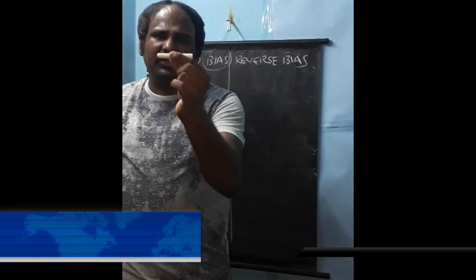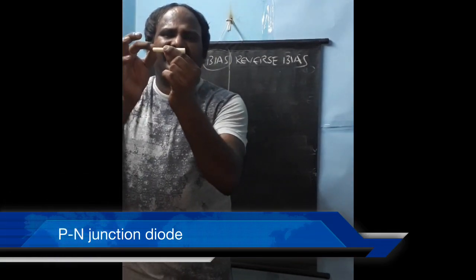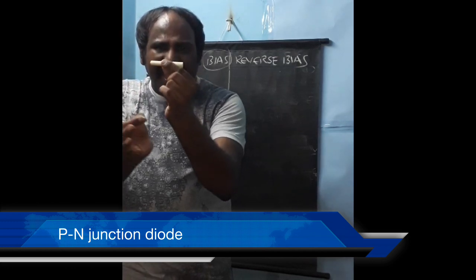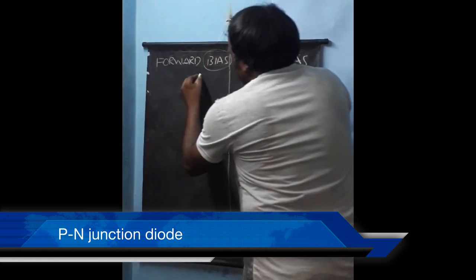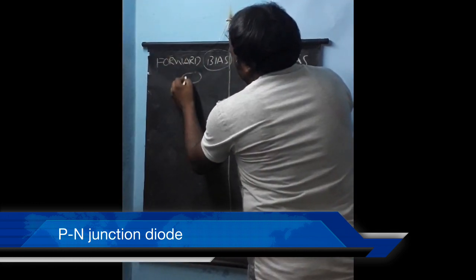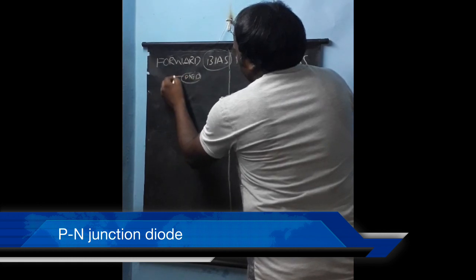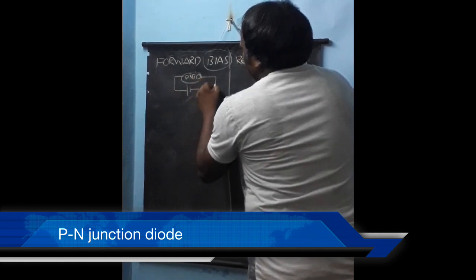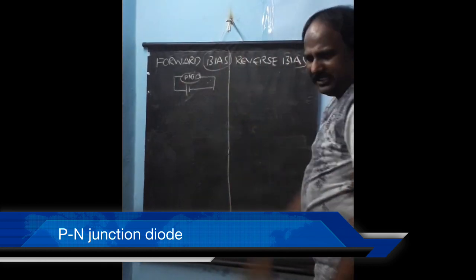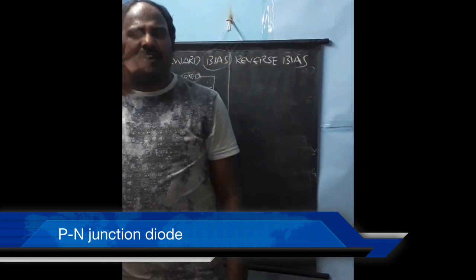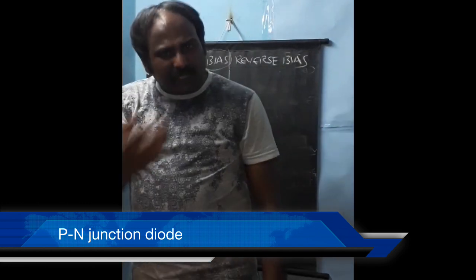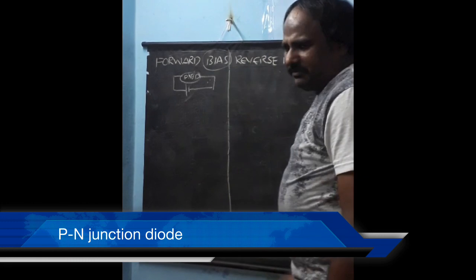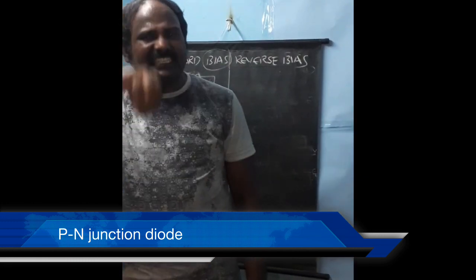Bias means that if a PN junction diode is connected to a battery, it is called bias. These biases are of two types: one is forward bias, the second is reverse bias. We will discuss each one in detail.